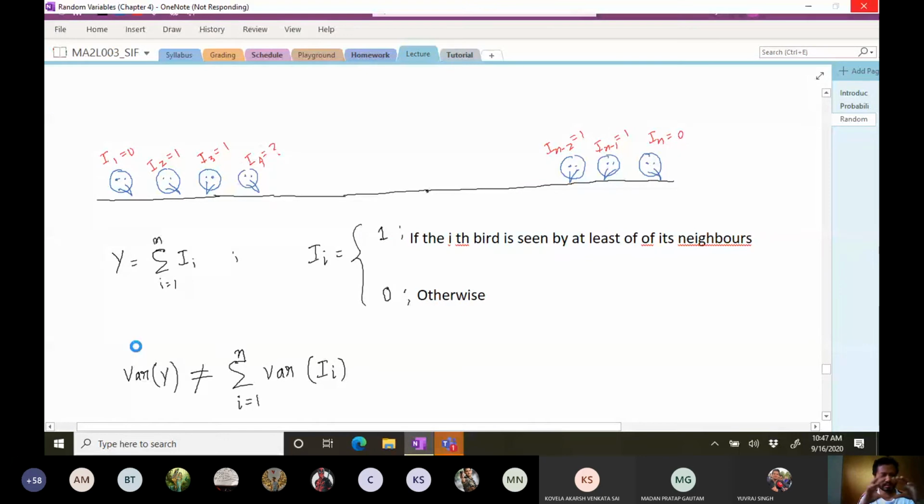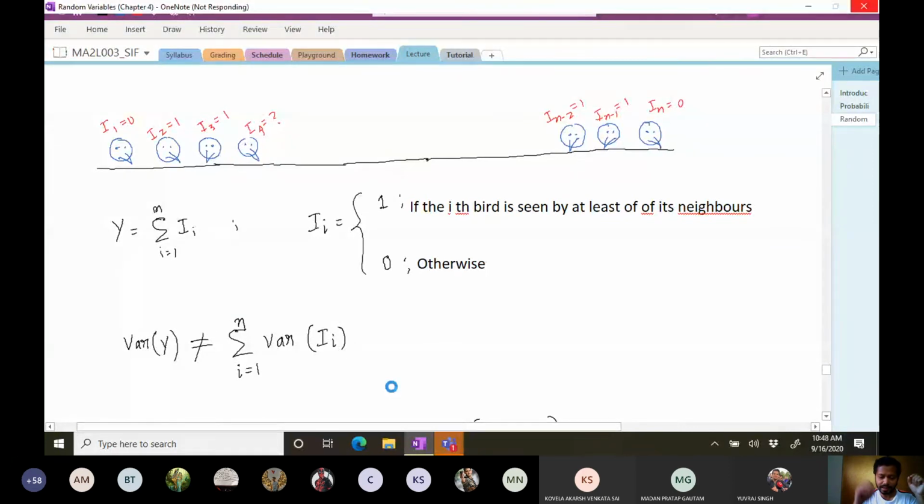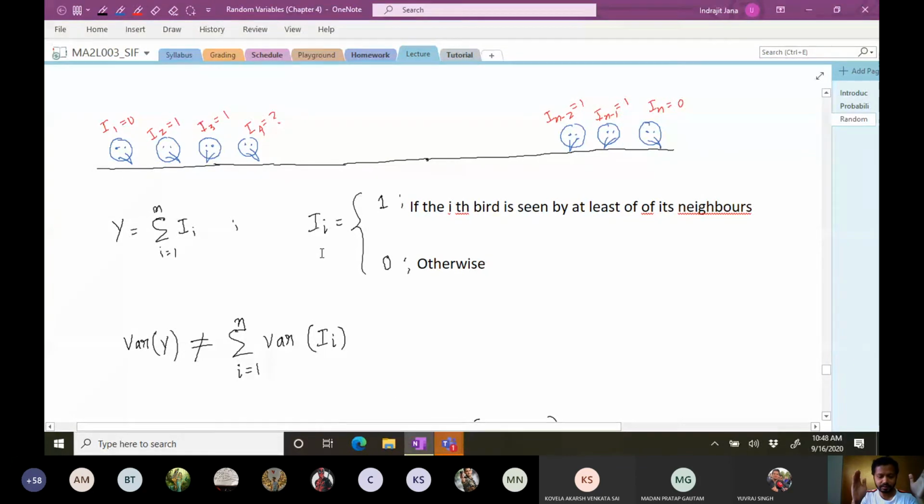No problem, expectation can always be split. But can we write the variance of Y as the summation of the variances of Ii? The answer is no. Why? Because these Ii's, the indicator variables, are dependent.